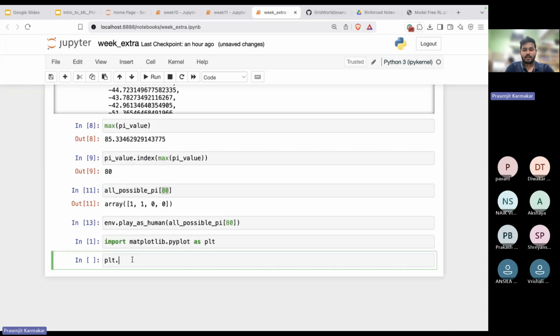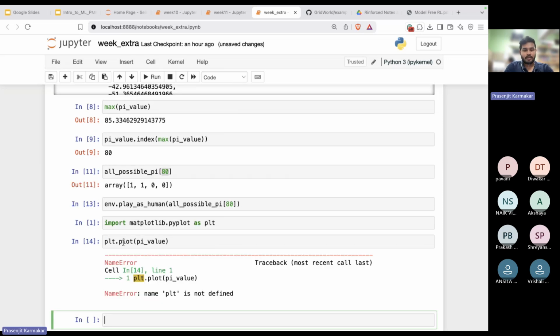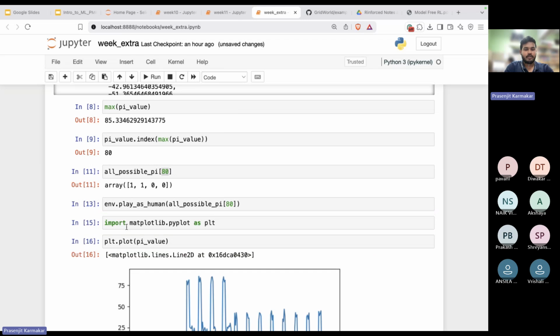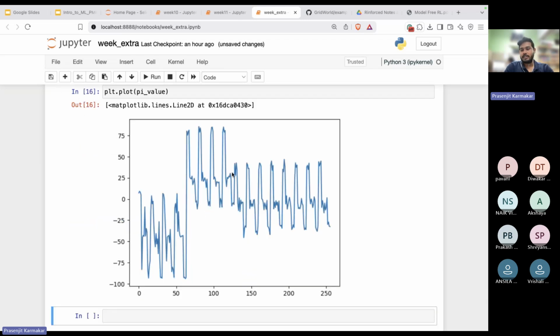Now, if I do plt.plot of the values, you can see this is how my value function estimate has changed. At this point, my maximum lies somewhere close to 80. So this peak.